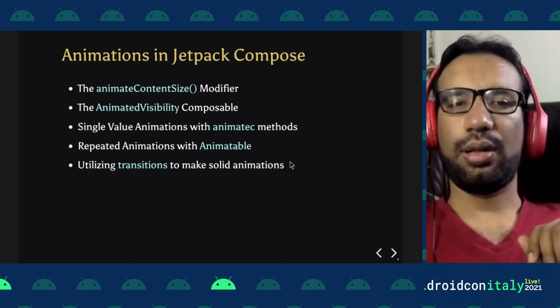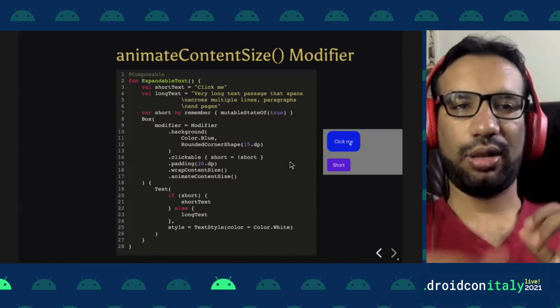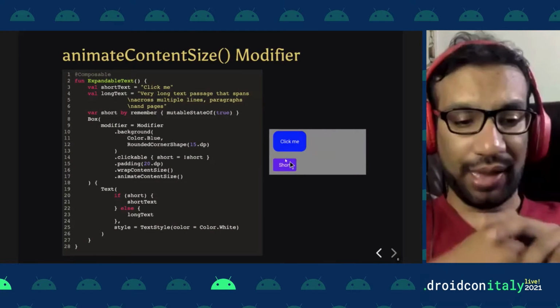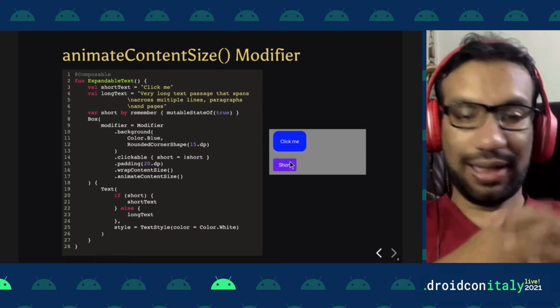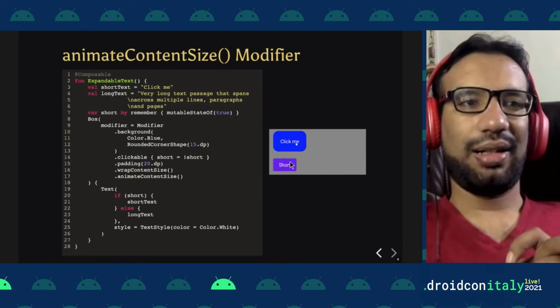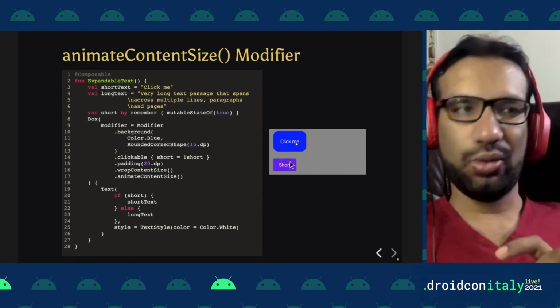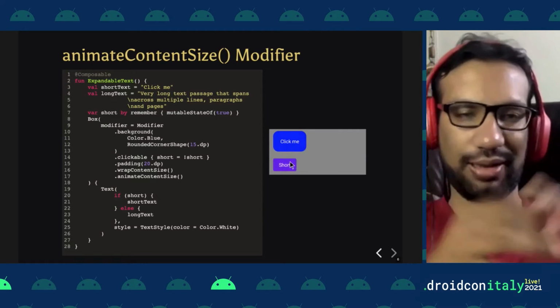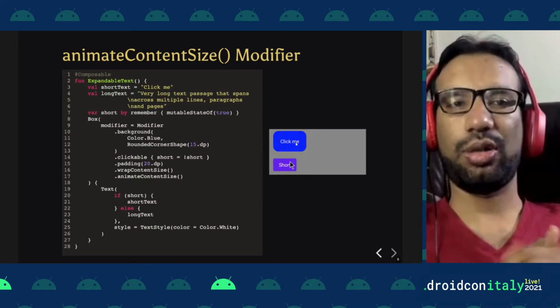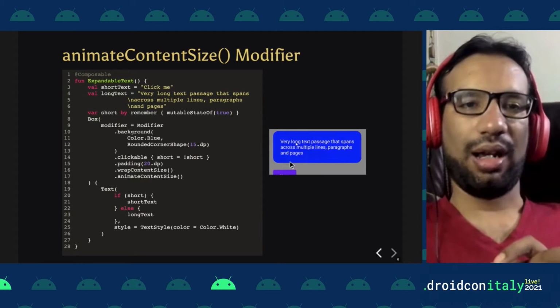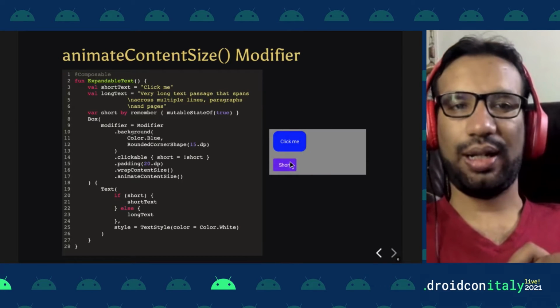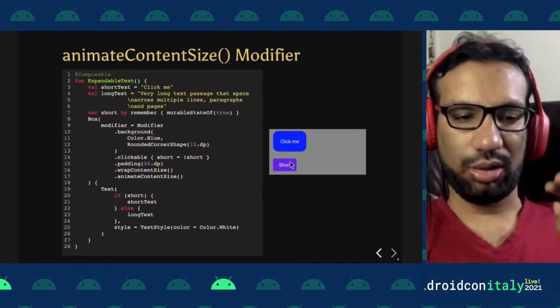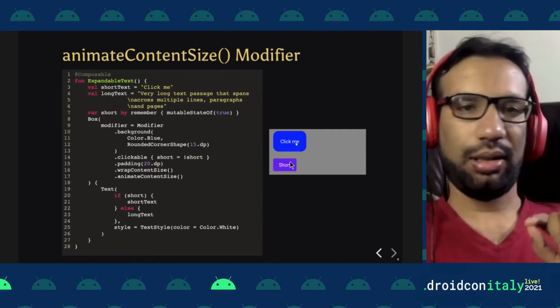Let's start with animate content size. You must have seen this pattern where you have a text view and then a read more button, and you press it and it expands into more content. For these kinds of things, you can use animate content size. Now it's very easy.